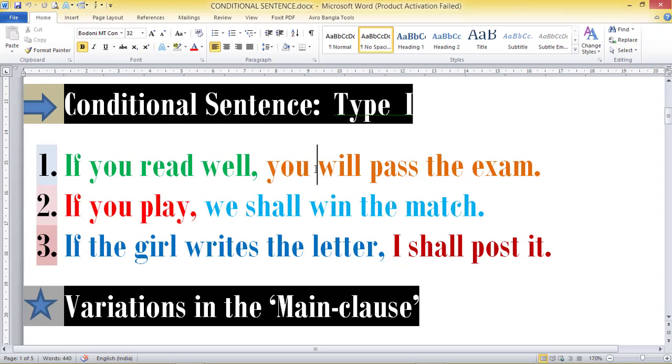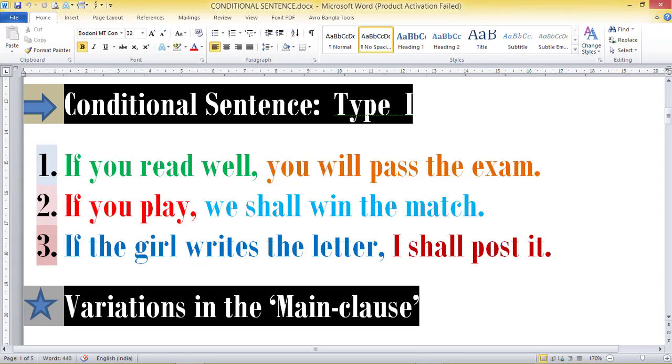Here after the subject you have to use shall or will, then the first form of the verb, that is you have to use here the future indefinite tense. So if in the if clause, present indefinite tense is used, and in the main clause we have to use future indefinite tense in case of conditional sentence type 1.